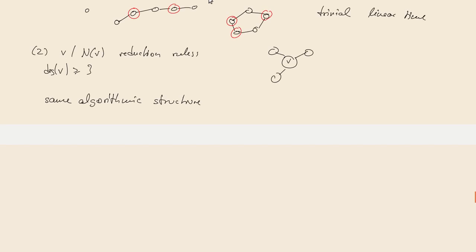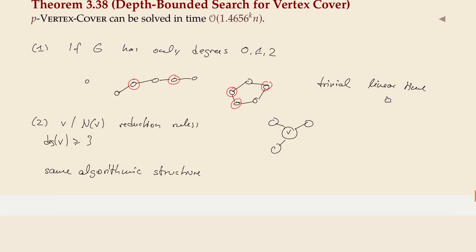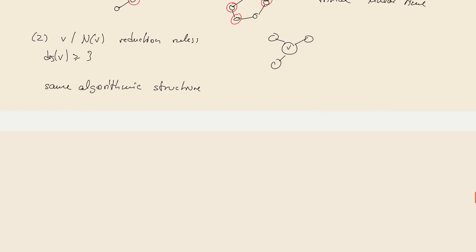But if you analyze the search space, well, just to reiterate, in case number 1, we don't have any recursive calls. We just solve that to optimality. We only have recursive calls if there is a node of that degree.